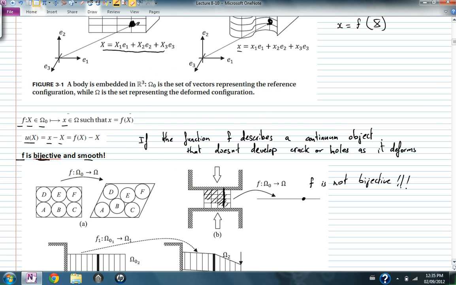So for this one point, I cannot find a corresponding one point in the reference configuration. So most of the elements that we're going to study in this course are not applicable to such a deformation.